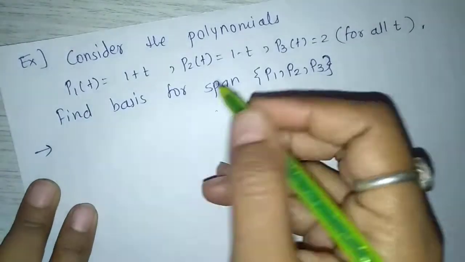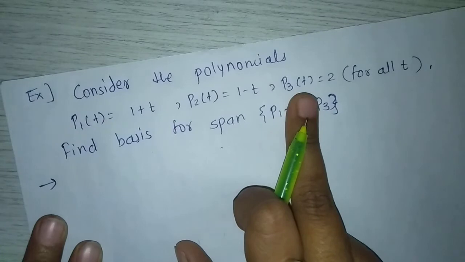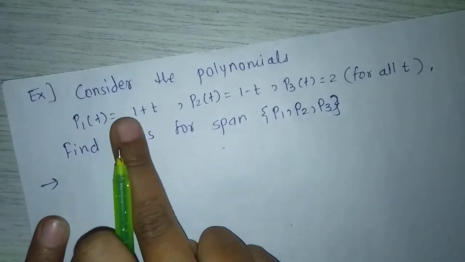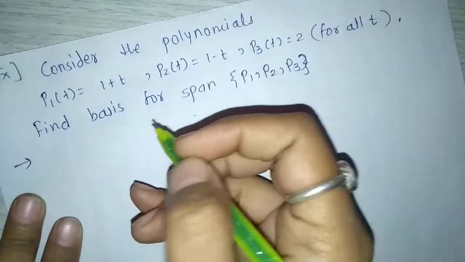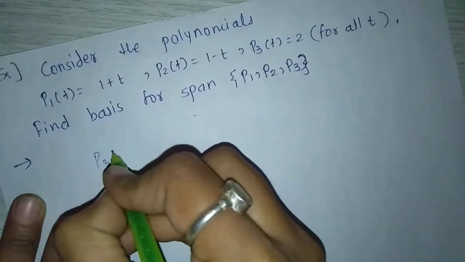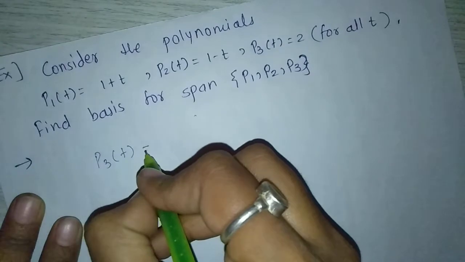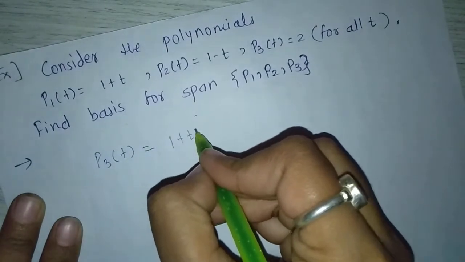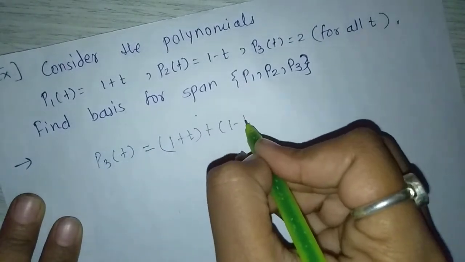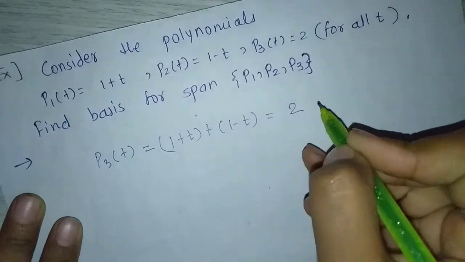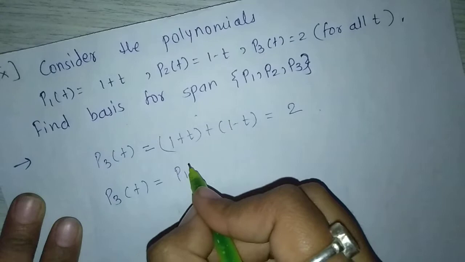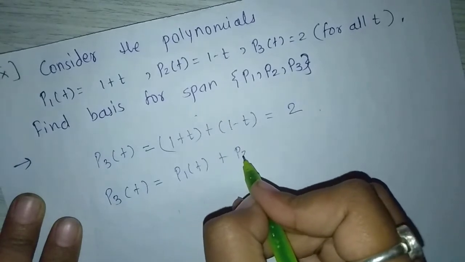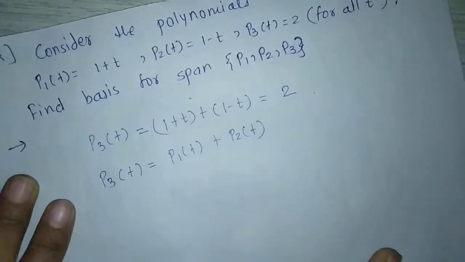Here we observe that p3(t) is a linear combination of p1(t) and p2(t). How is it possible? Like this: p1(t) plus p2(t) equals 1 plus t plus 1 minus t, which equals 2, means p3(t) equal to p1(t) plus p2(t).